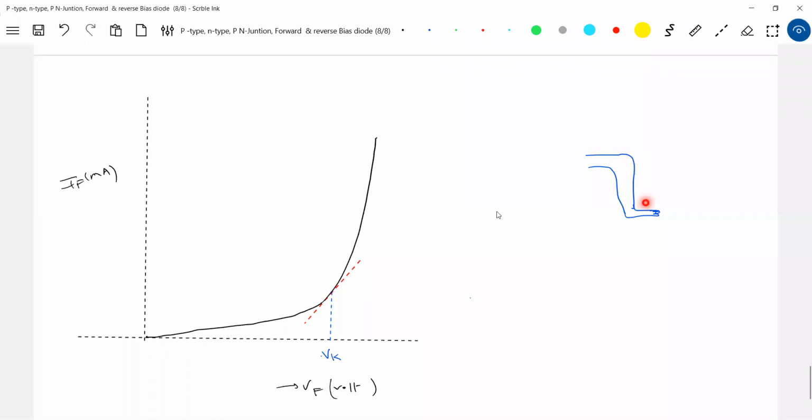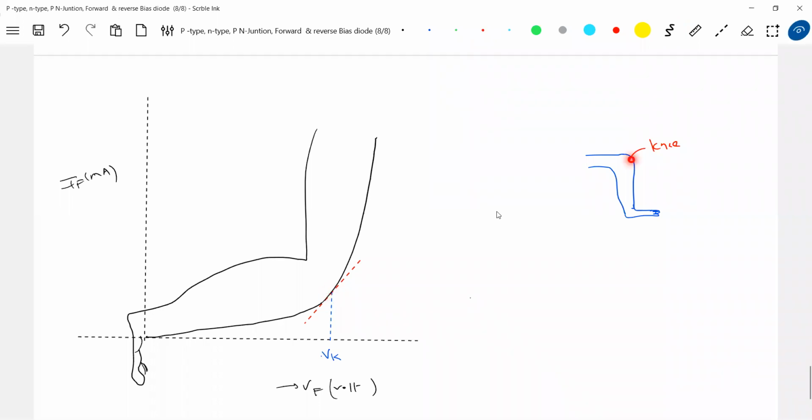Look at this curve also, similar to this. If you draw the leg, this curve is similar to a knee, no? So this is called a knee.